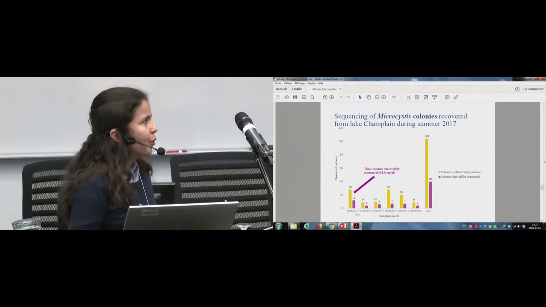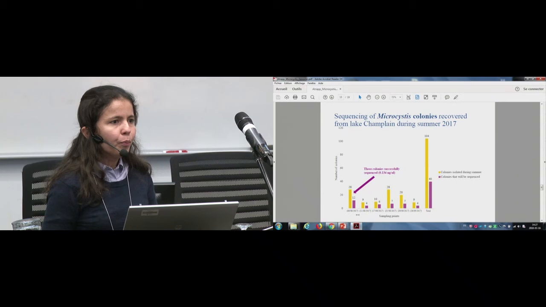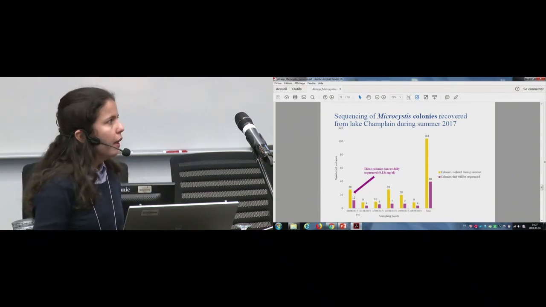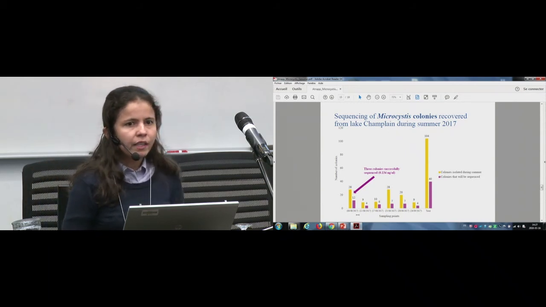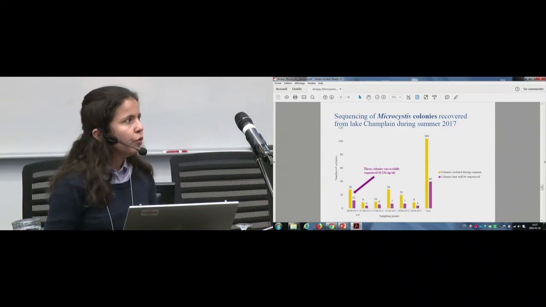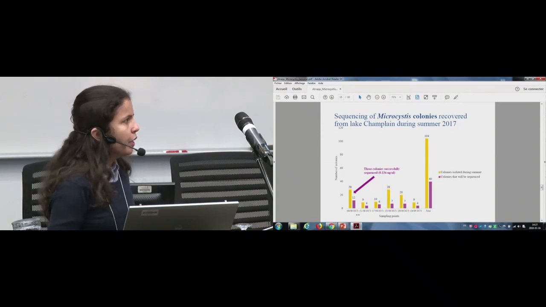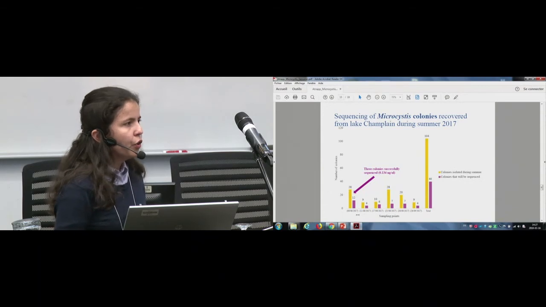Fortunately, that was good because we got complete genomes using only colonies of Microcystis, even with small quantities of DNA. The next step is to move to other layers using the same technique, recovering colonies from the layer and then doing genome sequencing.